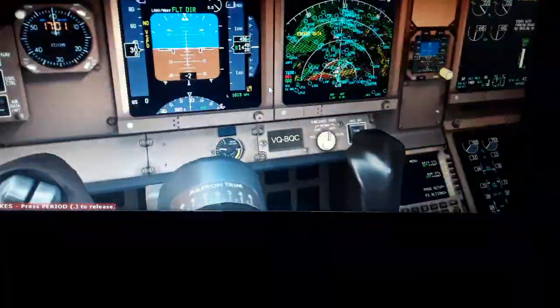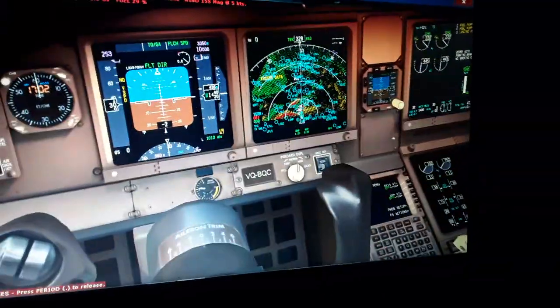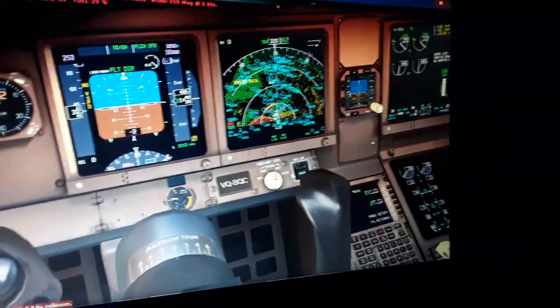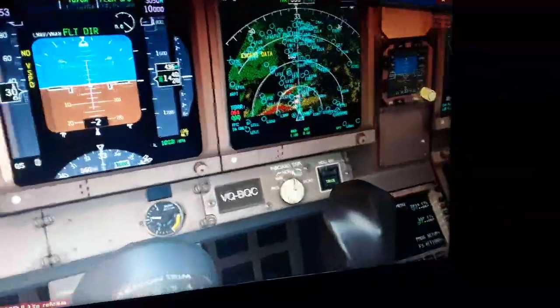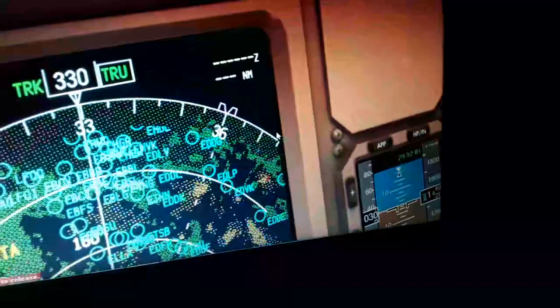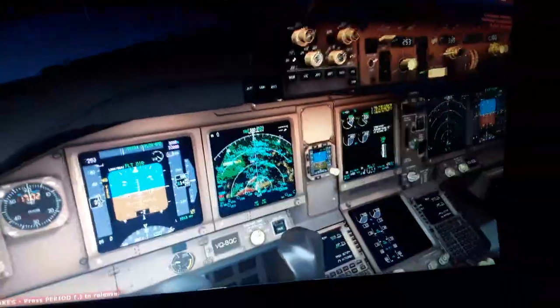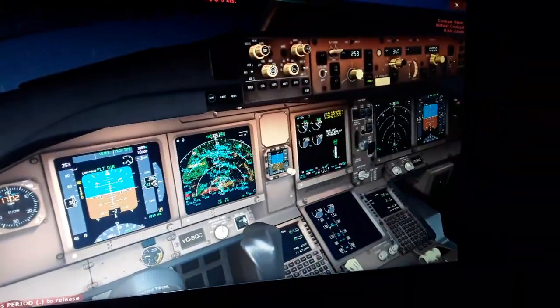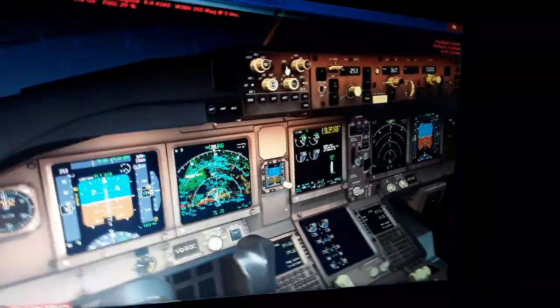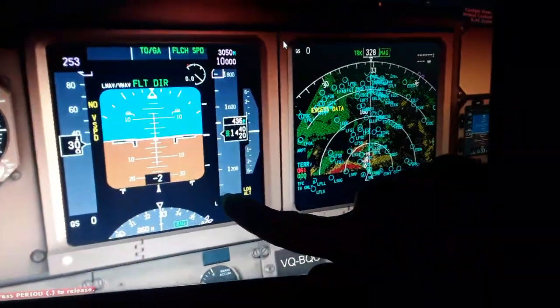You can pick a few things. We have also the magnetic heading. I told you over here. We have the true also. Now we have the true North Pole for navigation. Over here the geographic North Pole. Now we have the magnetic again. Leave this like that. We have inches of mercury, hectopascals, 1013 hectopascals. We change back to inches.